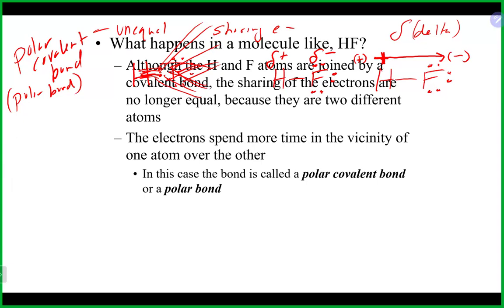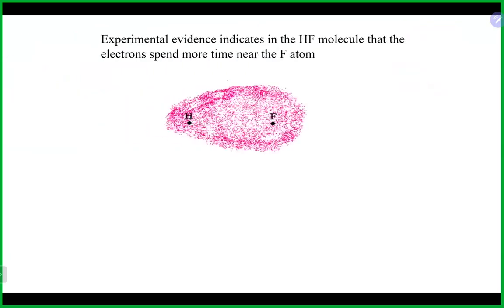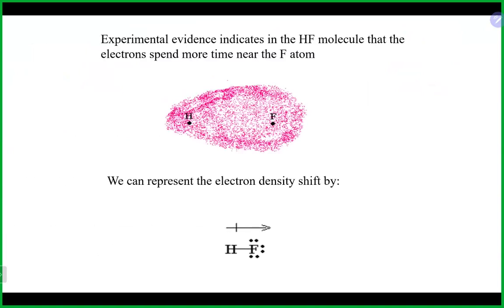And this will always occur when you put two atoms together where those elements have a fairly good difference in electronegativity, not an extreme difference, but a relatively good amount of difference, you'll get this unequal sharing of electrons, as we can see here, and then our little arrow there.